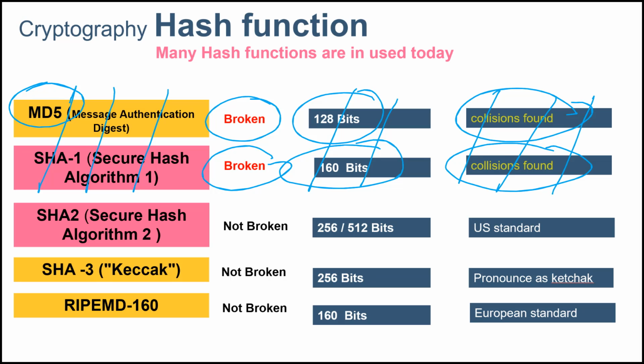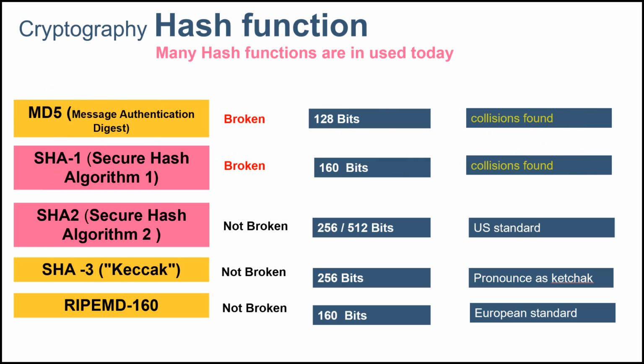Currently, SHA-2 is being used heavily. It provides two options: you can have 256 bits, or 512 bits, or some other variation. SHA is actually a whole family of algorithms, so it provides multiple output options. But SHA-256 is heavily used these days.